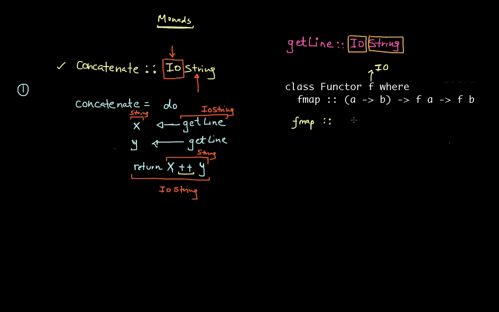I'm going to replace everywhere I see an f with IO, so this becomes IO A, and this becomes IO of B.